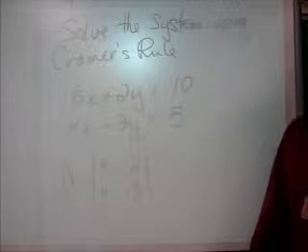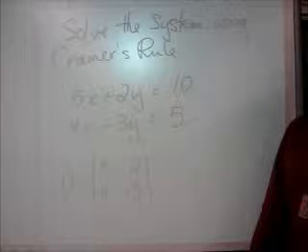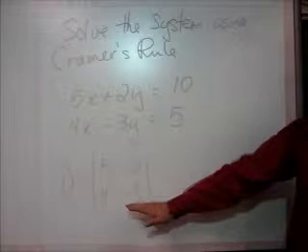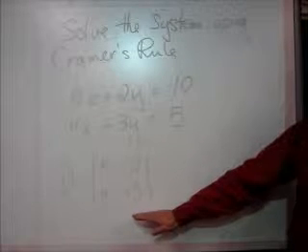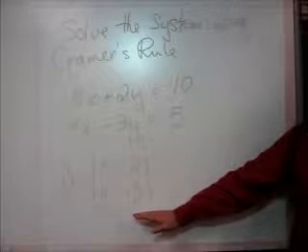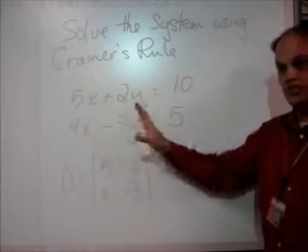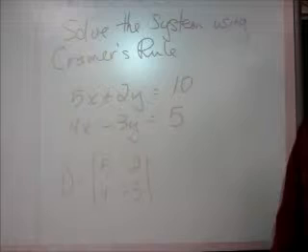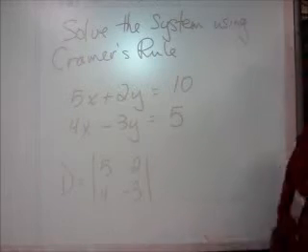Some hands. Some heads going up and down. Do you have any questions about how I get to this determinant right here? Okay. Again, it's just these coefficients in that same order. X's and Y's to keep those columns consistent. So find it.